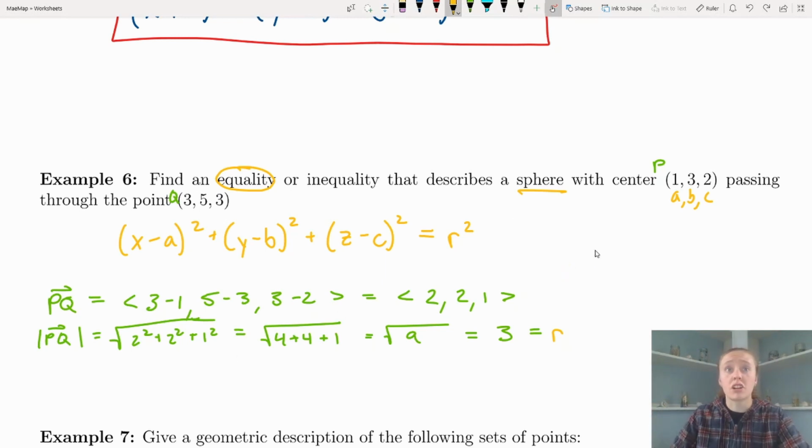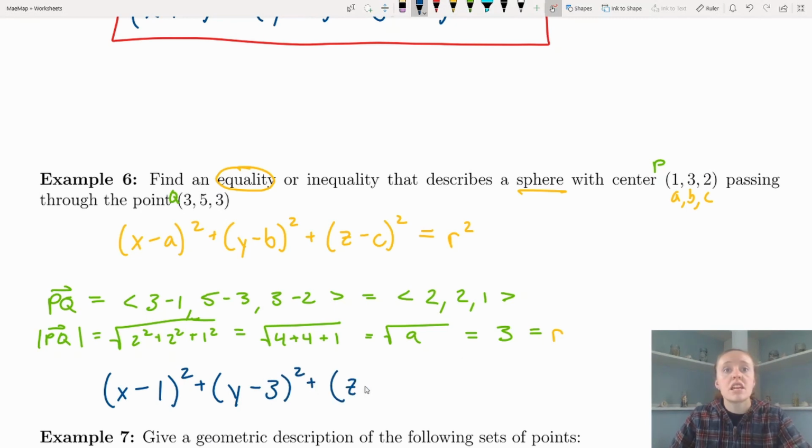So now that we have all our components, we have A, B, C, and we have r, let's go ahead and write our equation for a sphere. So x minus 1 squared plus y minus 3 squared plus z minus 2 squared is going to be equal to r squared, which r was 3, so that's equal to 3 squared.